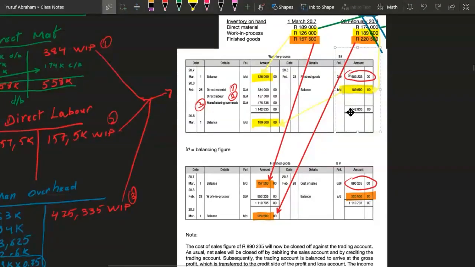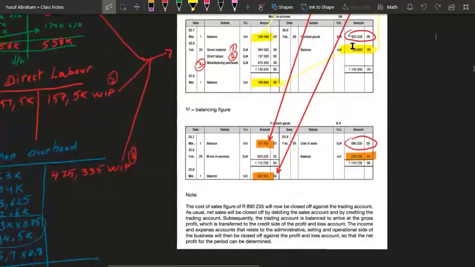All right. So it's basically this total amount minus what is going to be left at the end of the year, or the closing balance, that will give us the finished goods. That's how we balance it. And this exact same amount for finished goods will also be here.